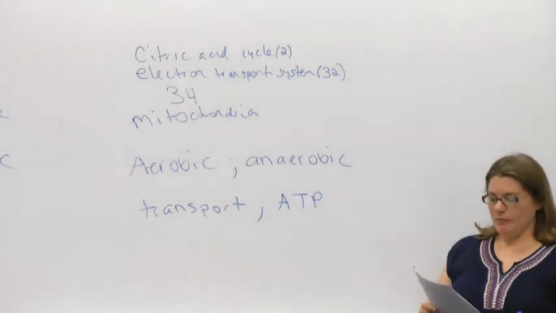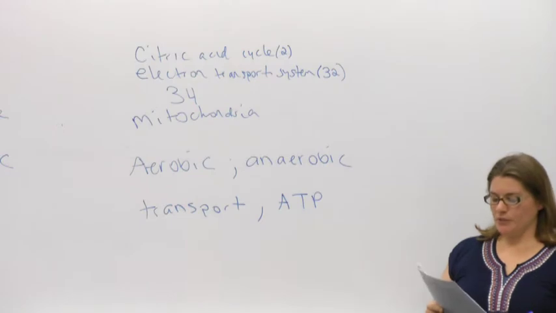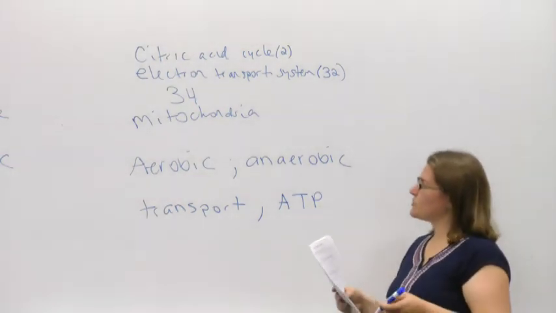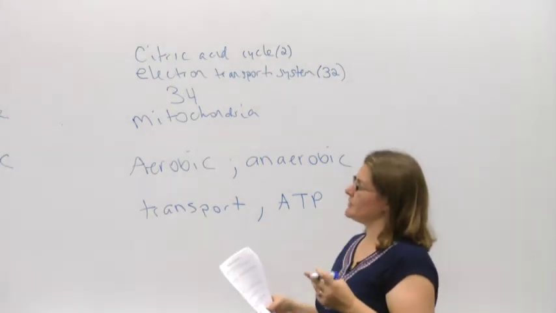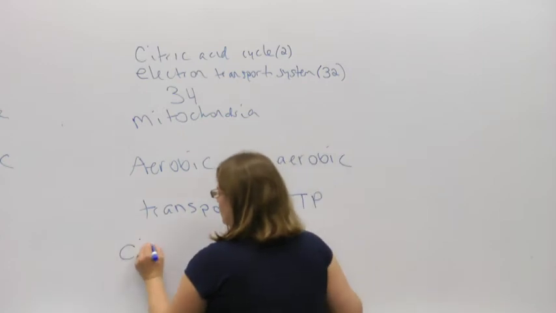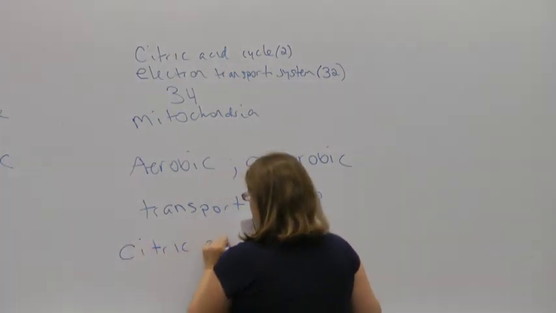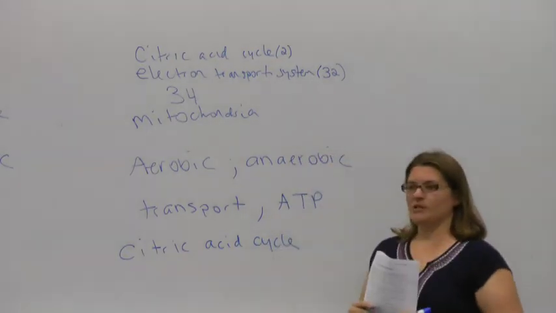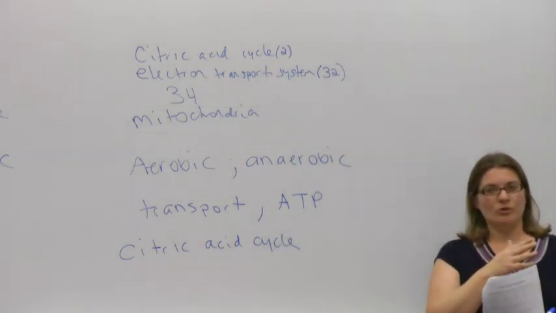And then number 7, most of the carbon dioxide is released during what stage? That's important. When is most of the carbon dioxide released? It is during the citric acid cycle. Okay. We started off with 6 carbons in glucose, right?